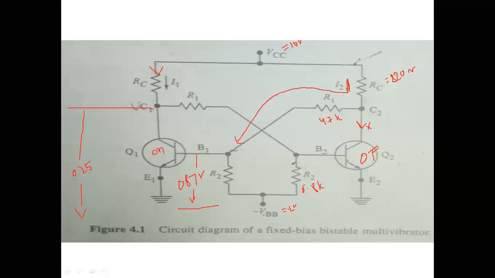Therefore, the potential at this point is nothing but VCC, and the potential at this point is nothing but VBE SAT. We know this potential and we know this potential.